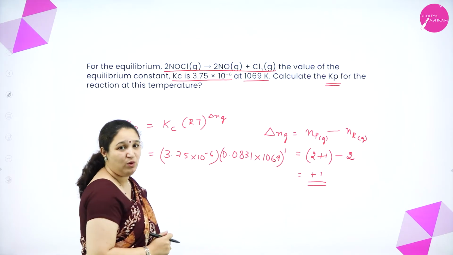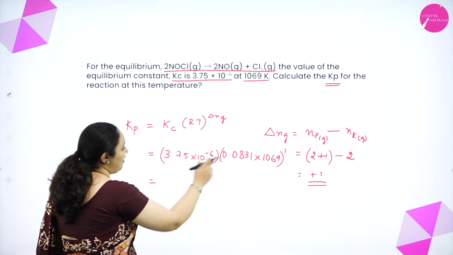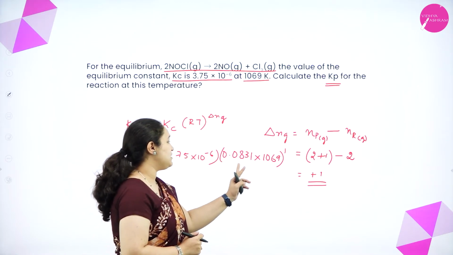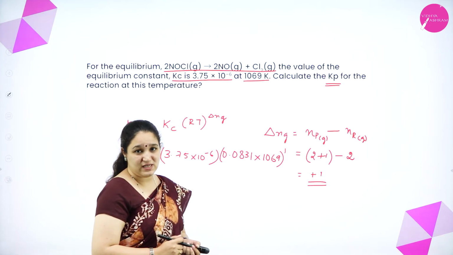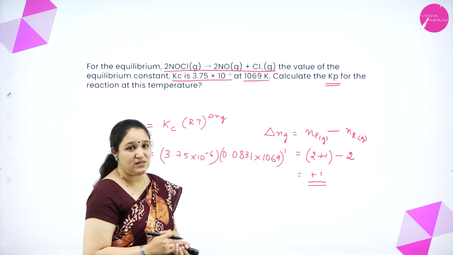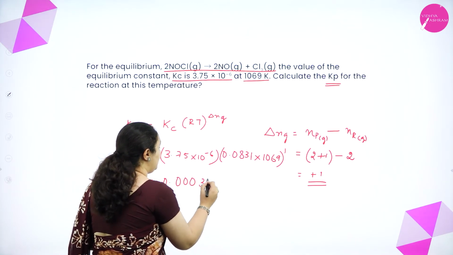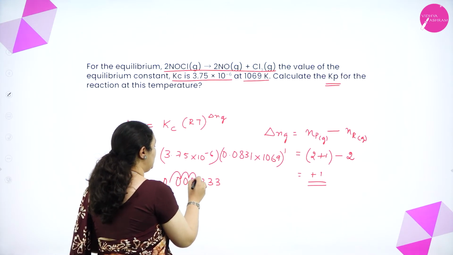It is to the power 1. That is the same value, isn't it? So when I multiply all of this, that is 3.75 into 0.0831 into 1069 into 10 power minus 6, we are going to get the answer as 0.000333.